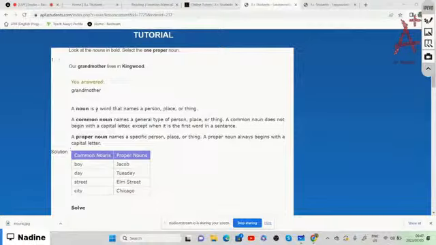It does not start with a capital letter unless it is the first word in a sentence, because remember, a sentence starts with a capital letter and it ends with an end point, like a period or exclamation point. However, a proper noun names a specific person, specific place, or specific thing, and a proper noun always begins with a capital letter.